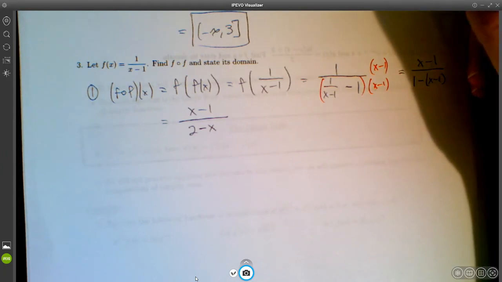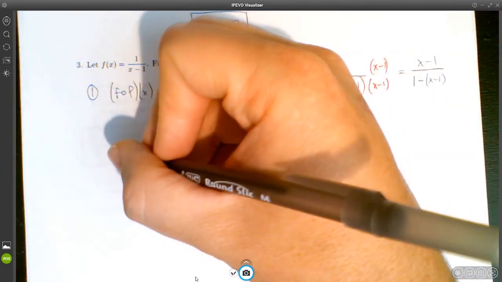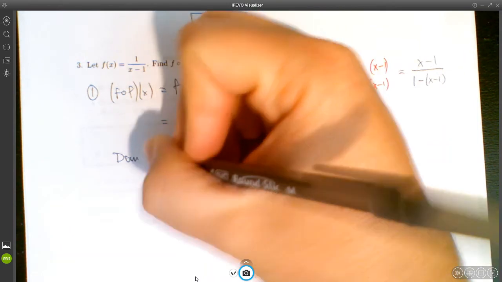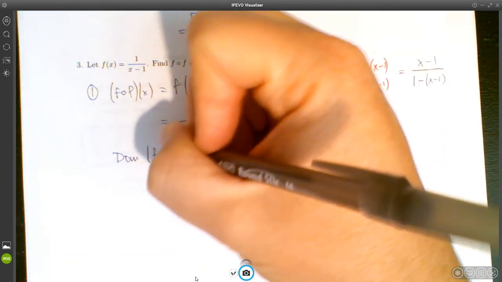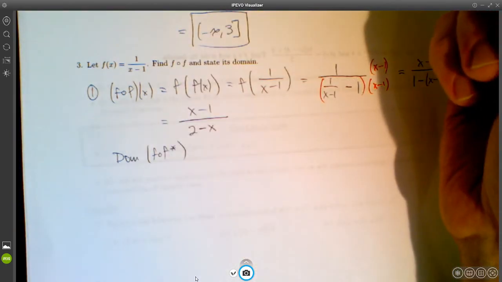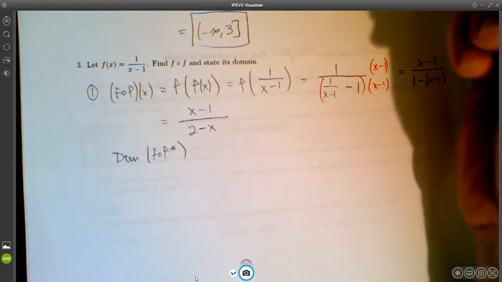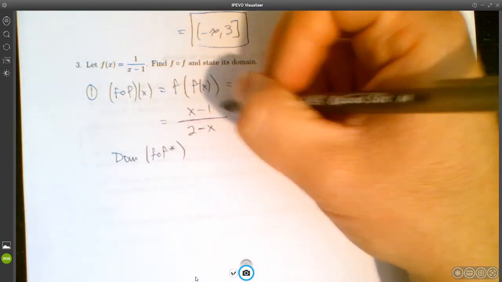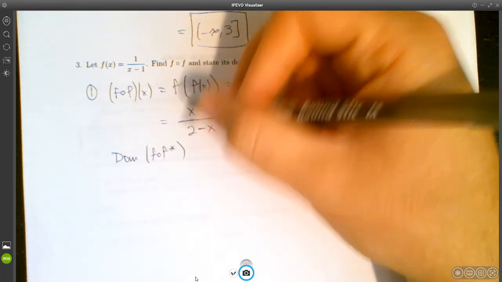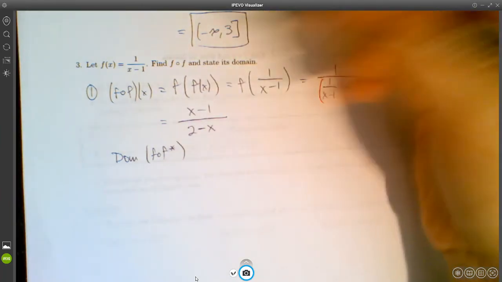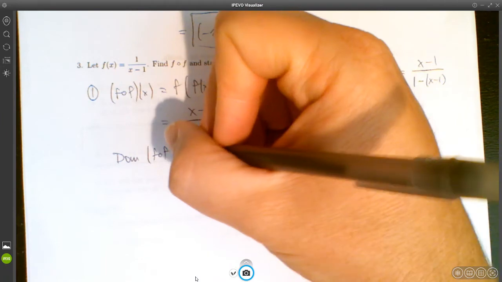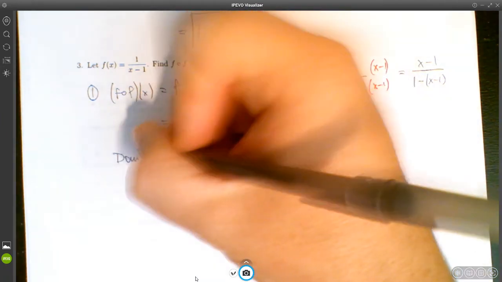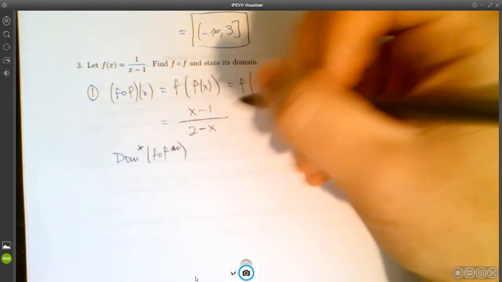Now if I want the domain, I'm going to call this the domain of f star. The domain that I'm finding at the end of step 1 is the standard domain of this function that you get, but that's not necessarily the same thing. Maybe a better notation would be to say it's domain star of f.